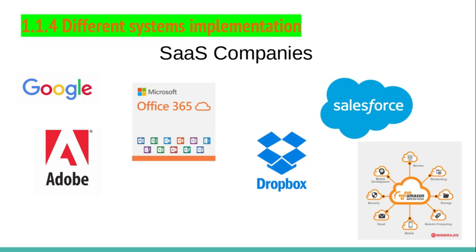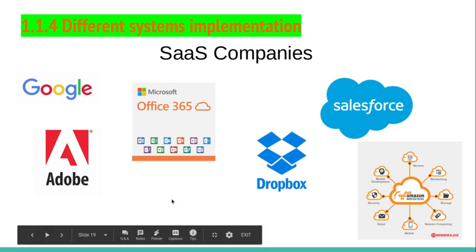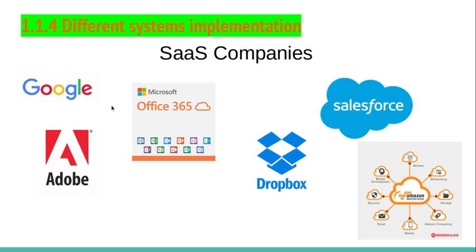So these are some famous software as a service companies. You probably have used or are familiar with some of them. The main one being Google. Here in Palm Beach County Schools, we are a Google district. So everything we do is Google Mail. We have the entire Google Suite, Google Classroom. All those things are accessed through the web.